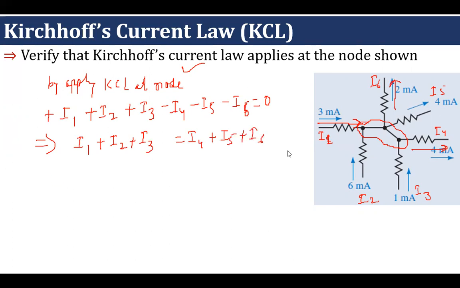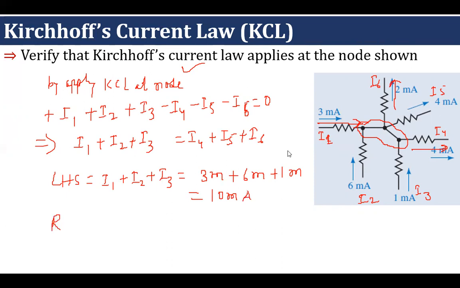Now let's see the left hand side. What would be the value? On the left hand side we have I1 plus I2 plus I3. The value of I1 is 3 milliampere, I2 is 6 milliampere and I3 is 1 milliampere. So the summation will be 10 milliampere. On the right hand side we have I4 plus I5 plus I6.